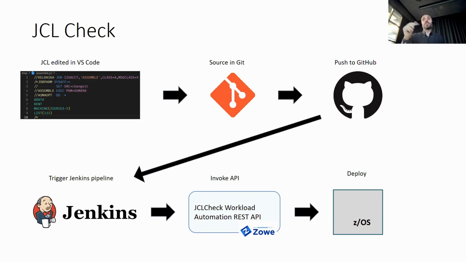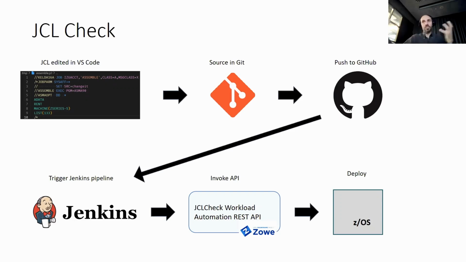GitHub then has the ability to trigger other configured services, and in this case we're going to be talking about a continuous integration service like Jenkins. So Jenkins could then run a pipeline which you define.